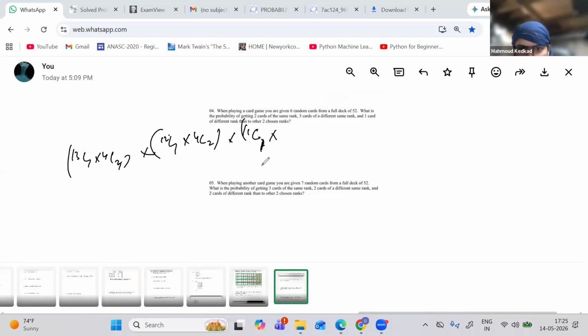What did you say the last one was? How many cards are you picking? It's two. 11C1 and then 4C2, over 52C7.